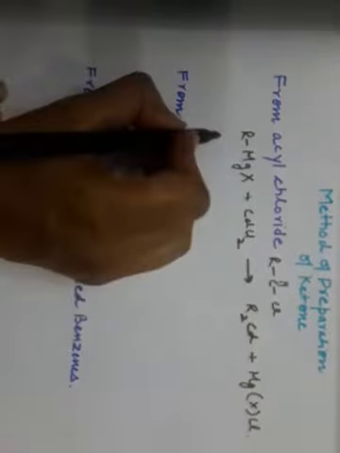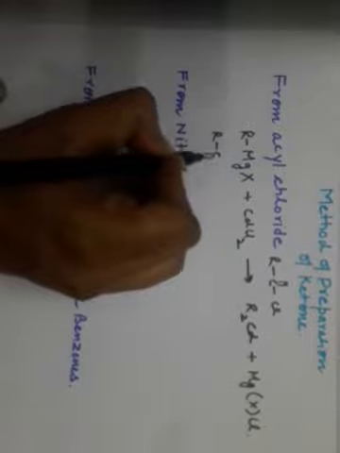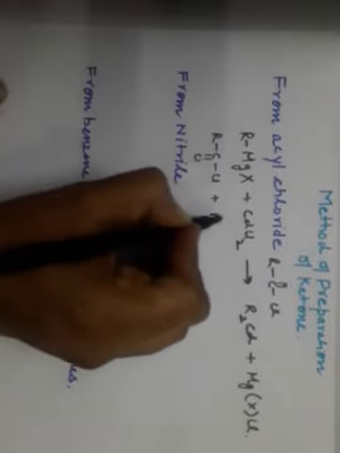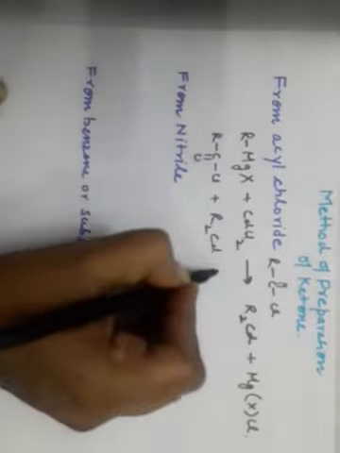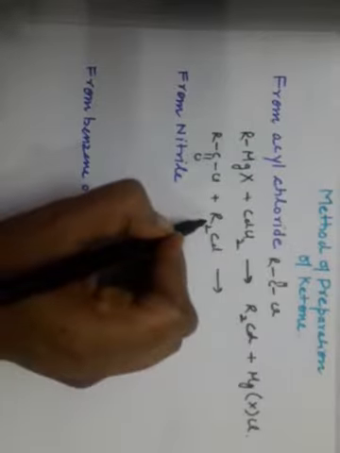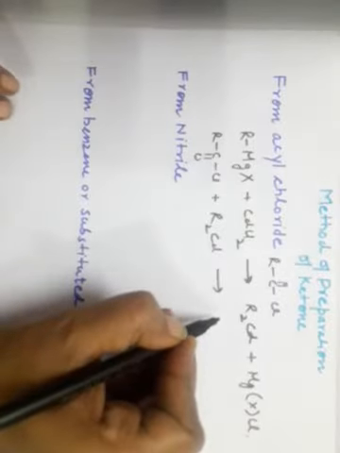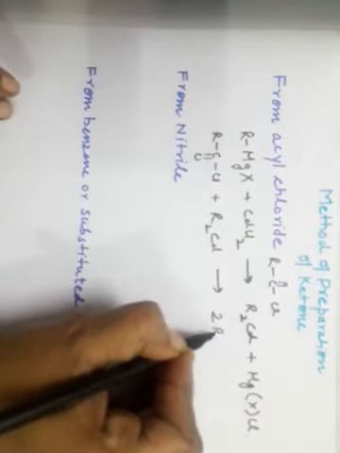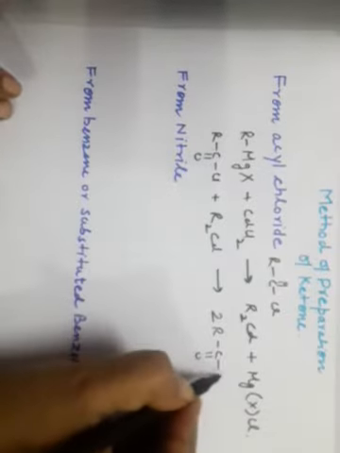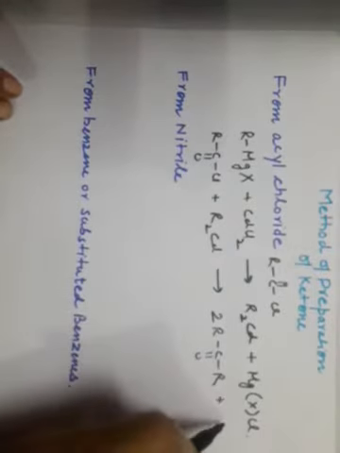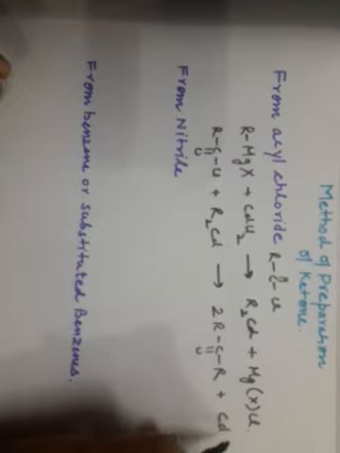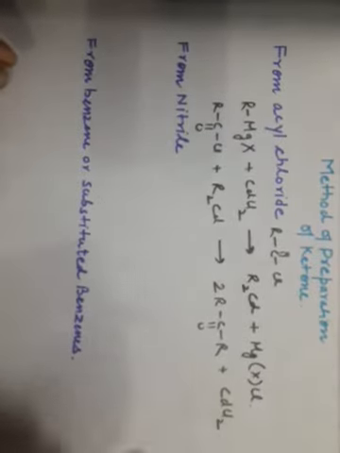This dialkyl cadmium reacts with acyl chloride. The alkyl group present on cadmium may be the same as that of the acyl chloride, or it may be different, and we can prepare 2 moles of ketones along with the side product cadmium chloride.